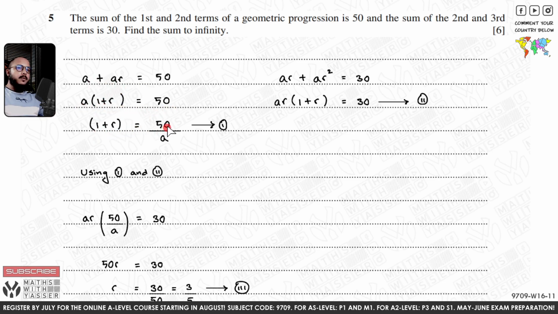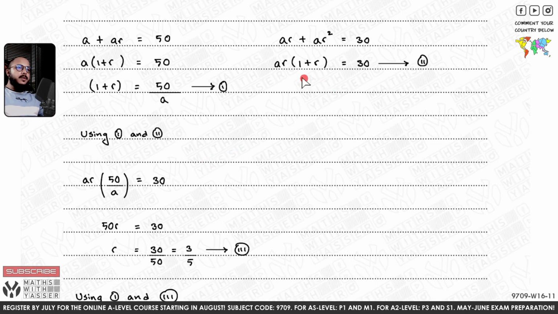So 1 plus r is equal to 50 over a. And for this, if we take ar common, we get ar times (1 plus r) equals 30. Let's call this equation 1 and this one equation 2. Now we can simply substitute this equation into this, and we will be able to figure out the value of r and a.